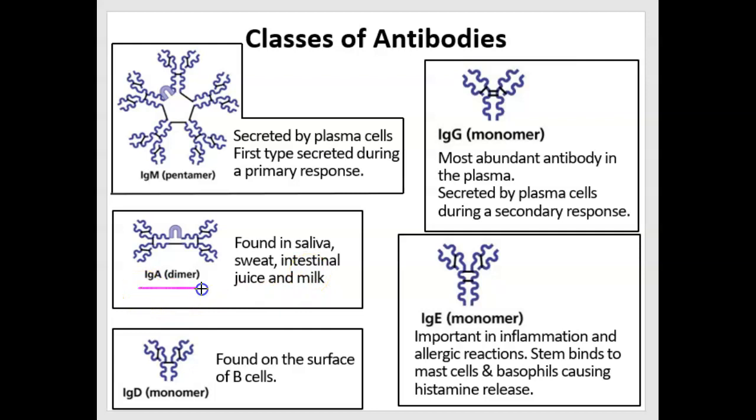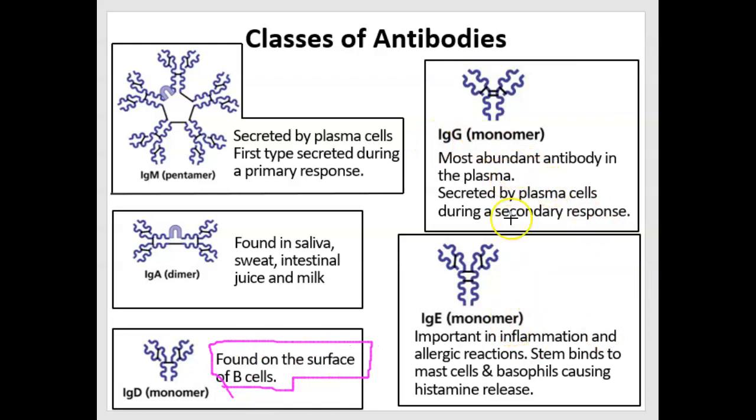Then there's IgA, which is a dimer, and this type of antibody is found in saliva, sweat, intestinal juice. It's also found in mother's milk, breast milk. And the rest are all monomers. So IgD, IgG, and IgE are all monomers. We find IgD on the surface of B lymphocytes.